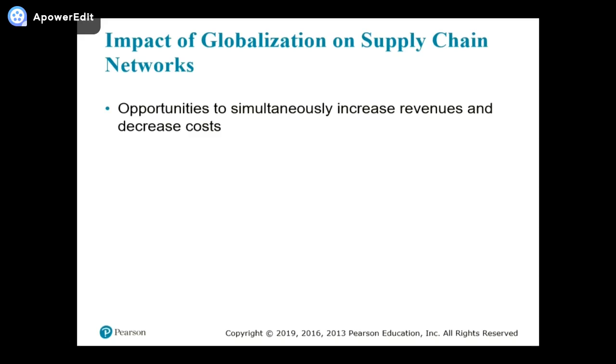But another thing to note is these developing countries have actually become a large driving force in terms of revenues. For example, China is now Apple's third largest market in the world. And so a lot of times when we make supply network decisions, we not only should look at cost reduction opportunities, but also revenue increase opportunities.